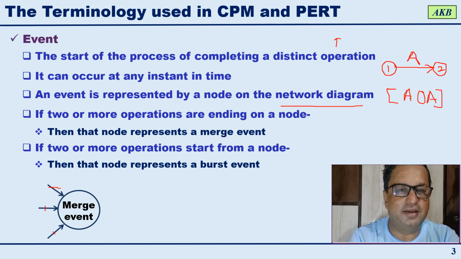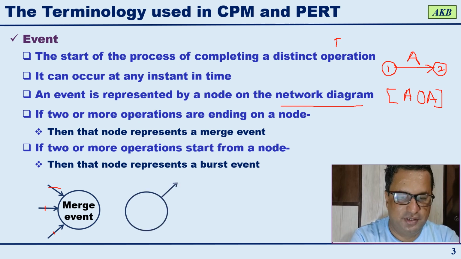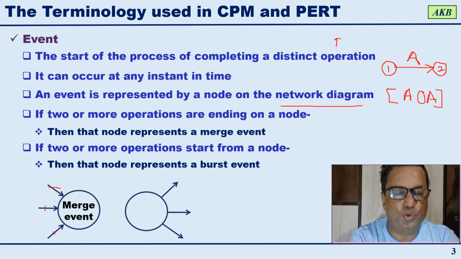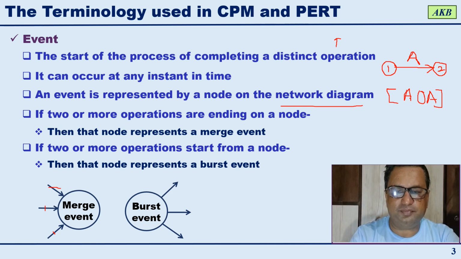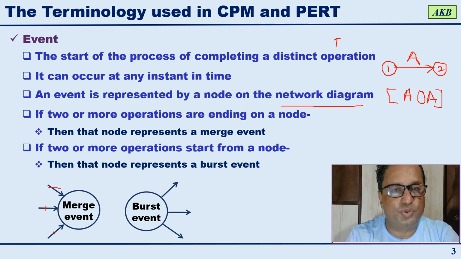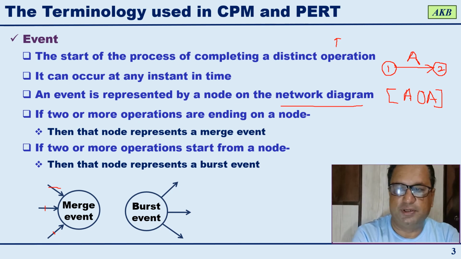Now a burst event will be represented by a node from which two or more activities start. So in this case it is a burst event. On this slide you have understood the concept of event, how it is represented on the AOA diagram, and the concepts of merge event and burst event. So let us proceed.